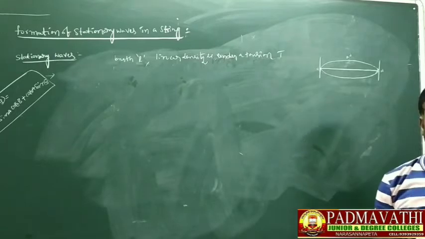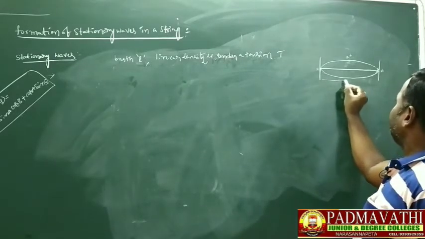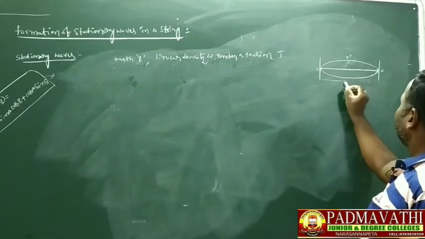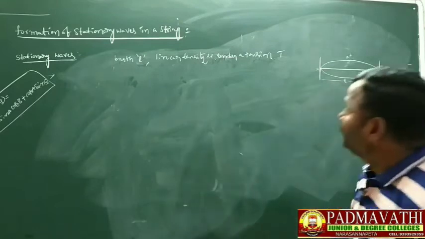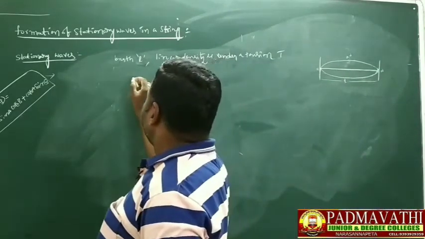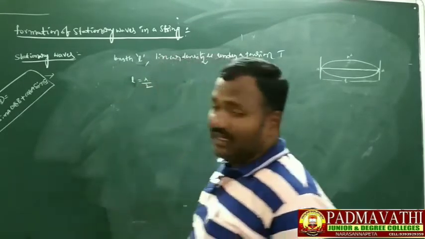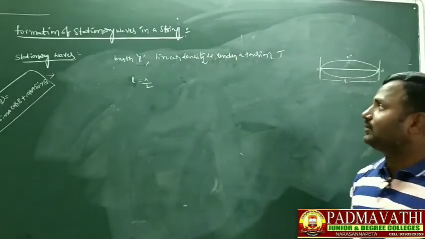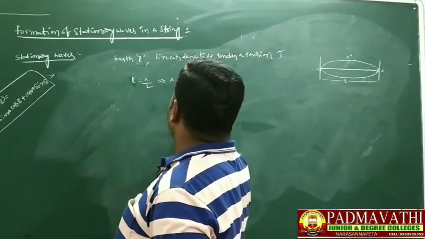So the length of the string is said to be L. The length of the wave is L equals lambda by 2. That's lambda equals 2L.